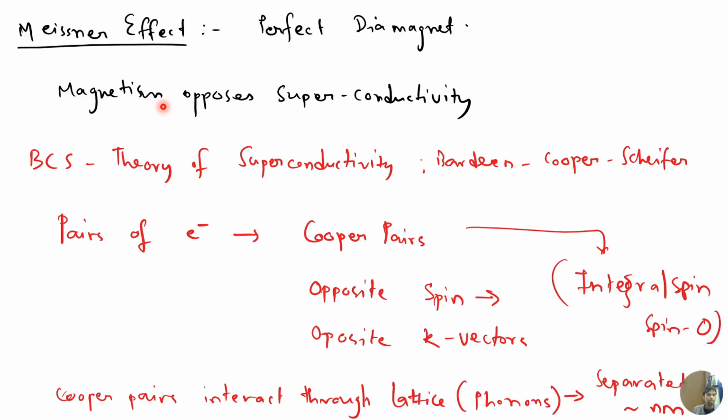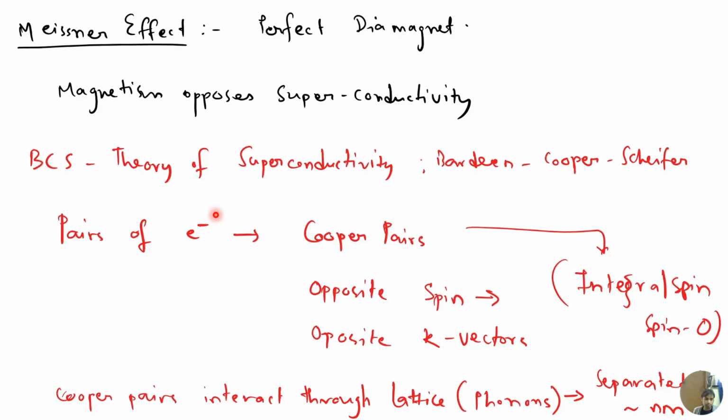The theoretical understanding of superconductivity was first given by Bardeen, Cooper and Schrieffer, and they said that superconductivity happens via pairs of electrons interacting via the lattice vibrations. These two electrons can be separated by distances of the order of a few nanometers, whereas the atomic spacing is of the order of a few angstroms.